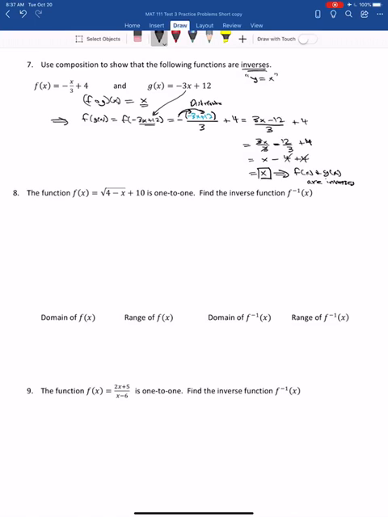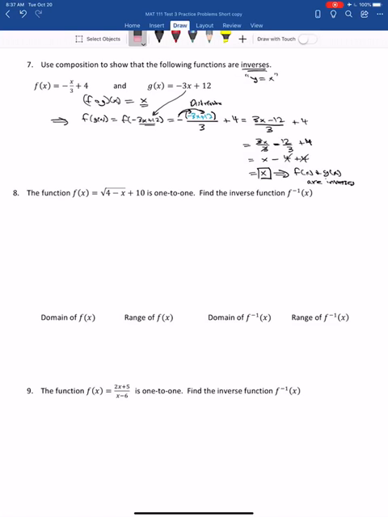And if you were to graph the two functions, they're going to be symmetric to the line y equals x. If you were to look at the sketch of those two lines, you can put them in your TI to see that. So I always like to show that with inverses. So maybe while we're at it, let's go to our TI calculator real quick and put these two functions in there.